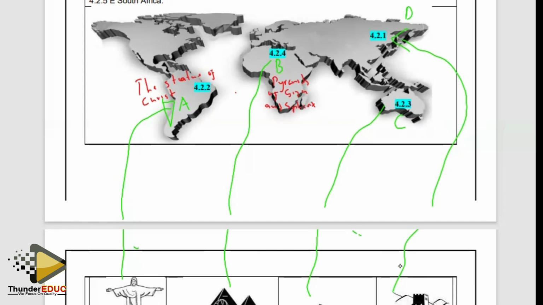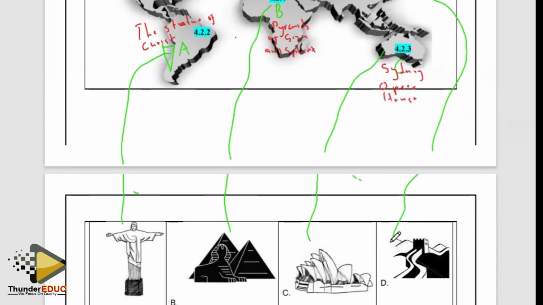Then the next one, that is Sydney Opera House. The last one, that is the Great Wall of China.